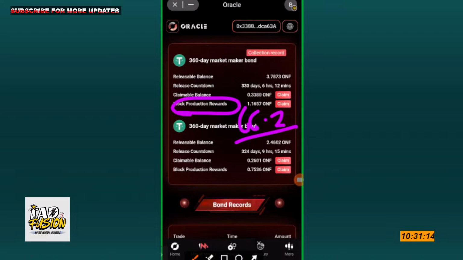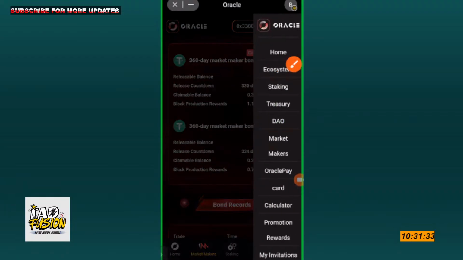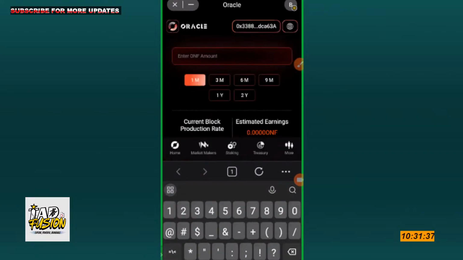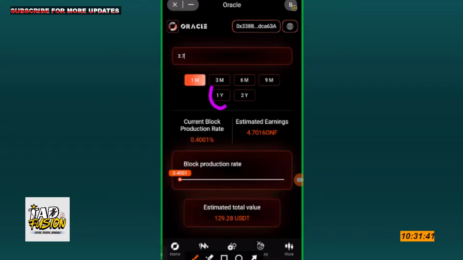Because the 3.7 tokens which I have right now as my capital will accumulate after 1 year.